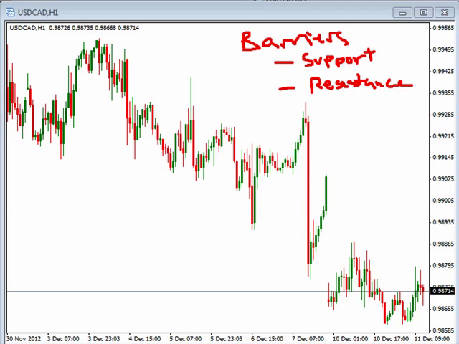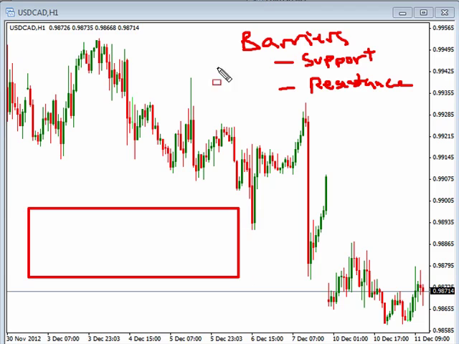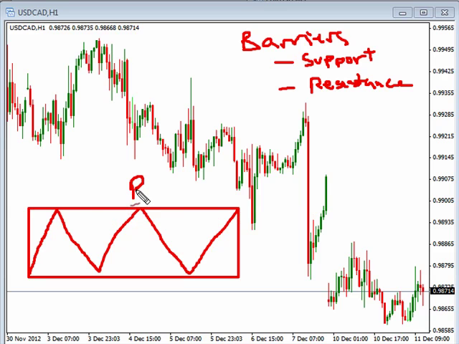And so as we look at our price movement, and this would be just price going from one point to the next, when that barrier is overhead, it's in the form of resistance, meaning this area is resisting the continued movement higher. And what happens is sellers come in at these points and push the market lower.